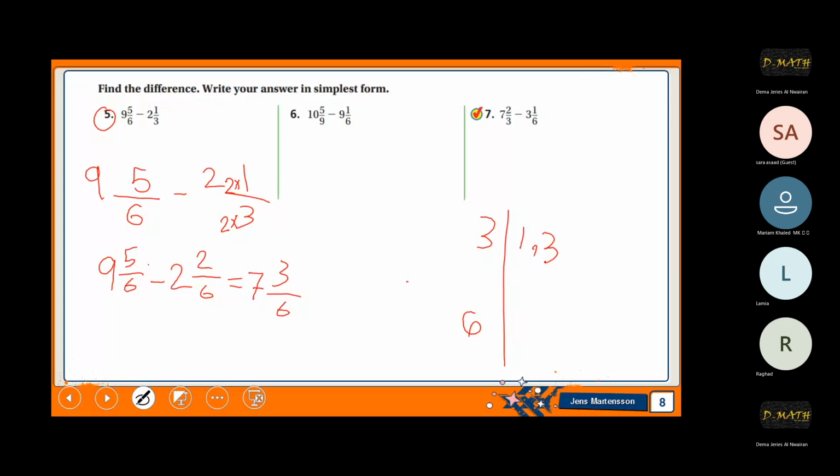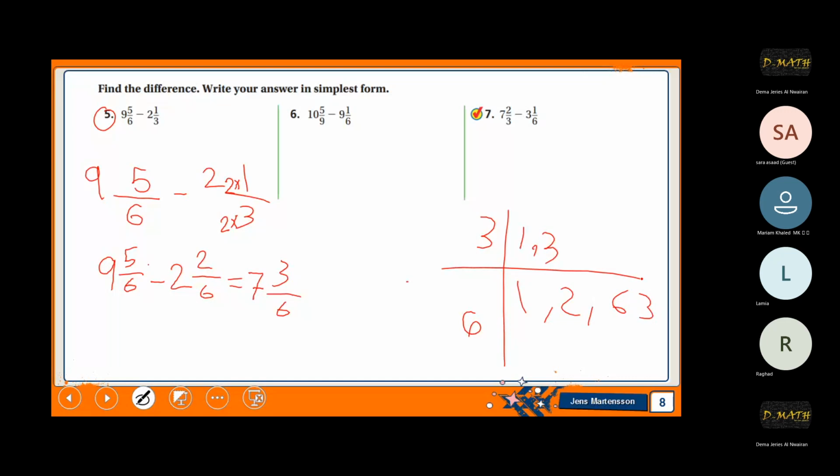Can you tell me now, pair of numbers, when you multiply them together, you get 6. 1 and 6. Another one. 2 and 3, good job. So now, by this way, you wrote the factors of 3 and 6. Then, is there any common one?